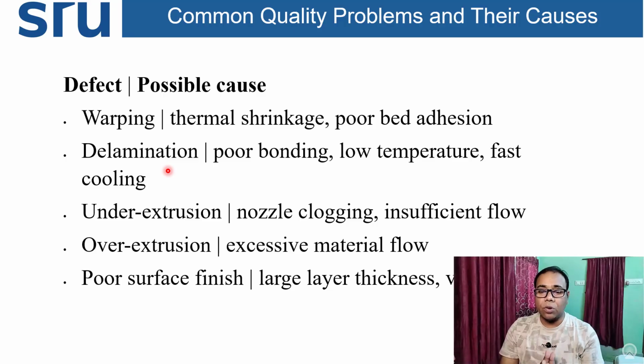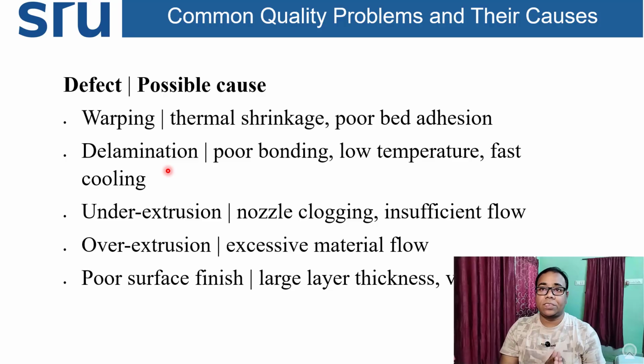Sometimes there is over extrusion, which is the reverse of under extrusion. Whatever amount of material is required to extrude from the nozzle for one layer thickness, more than that will come, so uneven surface thickness will come because of that also. Similarly, excess flow of the material will come.